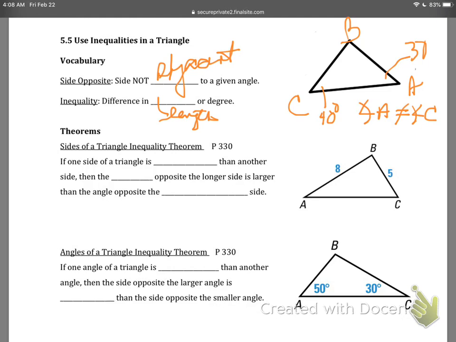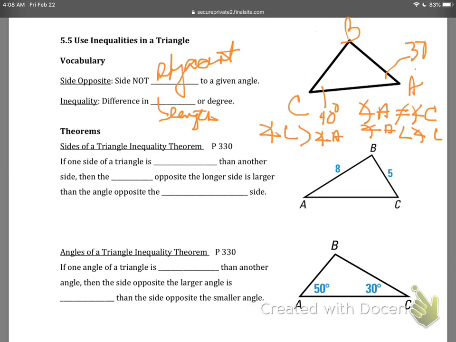I can also say that angle A is less than angle C. That's also an inequality statement. Or I could say that angle C is greater than angle A. All of those statements are inequality statements.